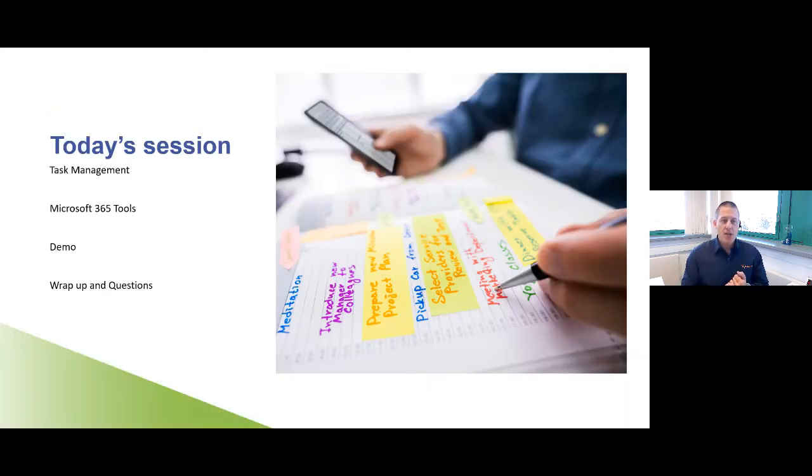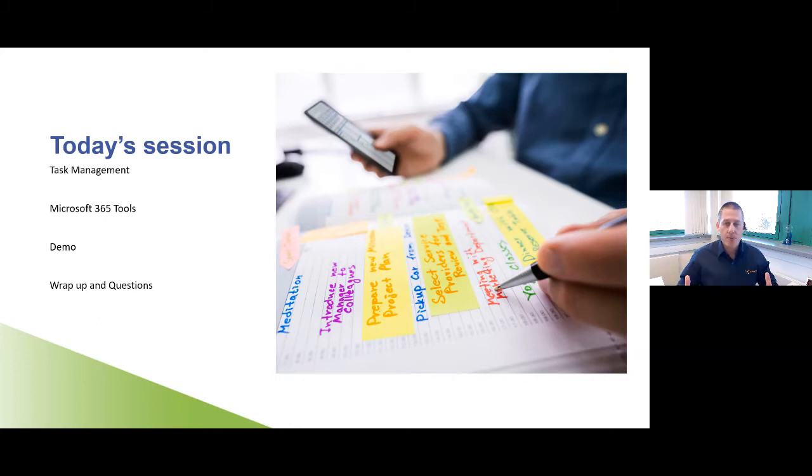So today's session is going to be approximately 40 to 45 minutes long. I'm going to concentrate on some very basic elements to start off with, because when I talk about task management, I'd like to share with you what I think about it, what I define that as, and what it means to me. We'll look at the Microsoft 365 toolset that we have available to us, and we'll go into a demo about how it actually works and how it can be used quite effectively.